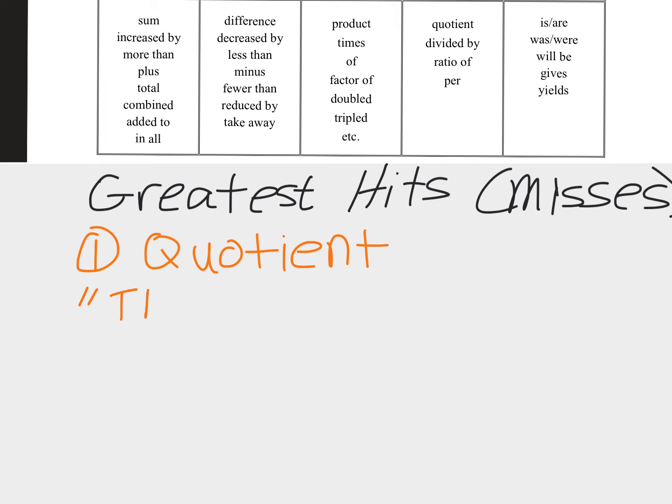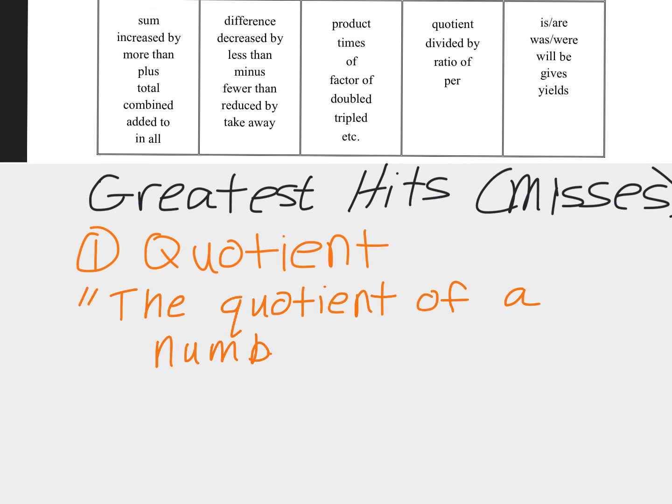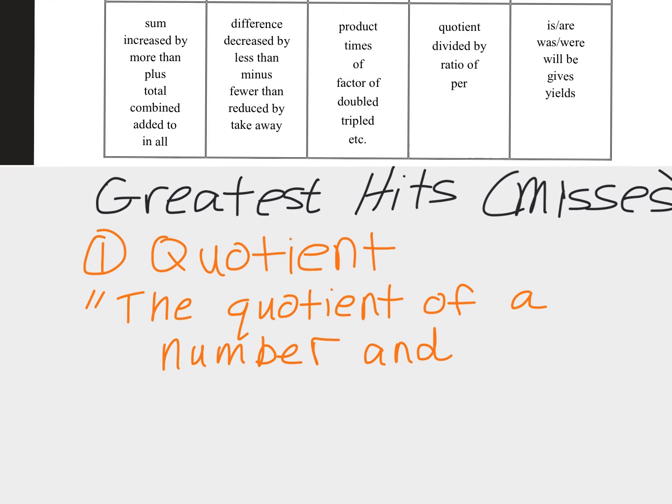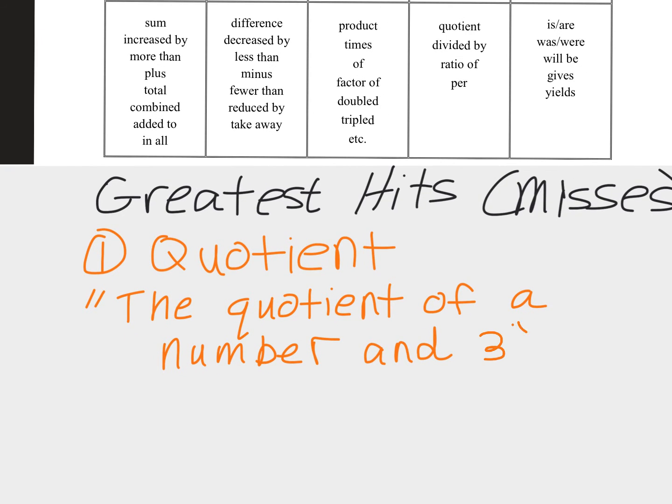Okay, so write this down. The quotient of a number and 3. So this is an example of a problem that you might be given, where you're given the words, hey, write this into math: the quotient of a number and 3.